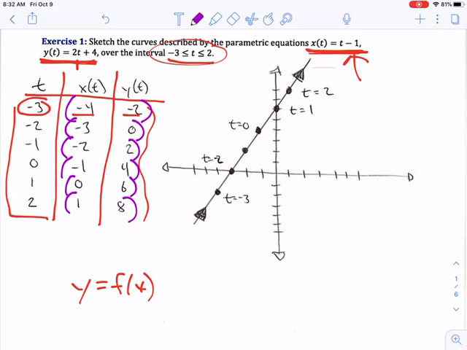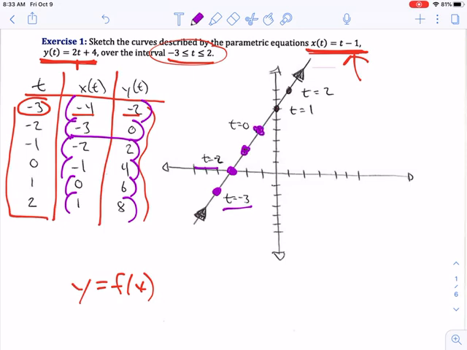And so the first point, -4, -2, my graphs are always a little bit sloppy, but that would be this point right here. And that corresponds to when t is equal to -3, so I labeled that. Our next point, -3, 0, is right here, and that corresponds to when t is equal to -2. And then we have -2, 2. We have -1, 4.